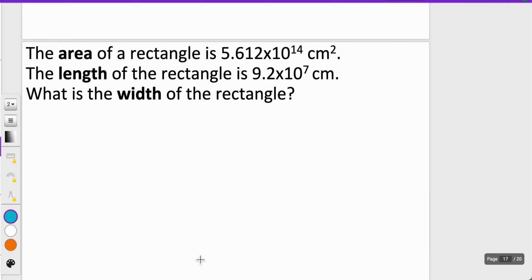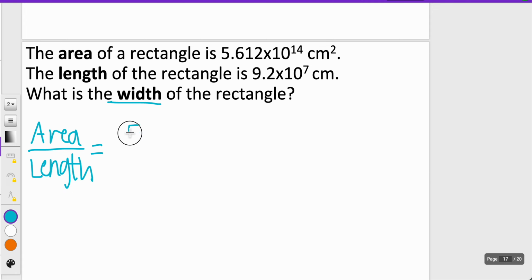The area of a rectangle is 5.612 times 10 to the 14th. The length of the rectangle is 9.2 times 10 to the 7th. What's the width? To find that, we would need to take area and divide by length to see what our width could be.